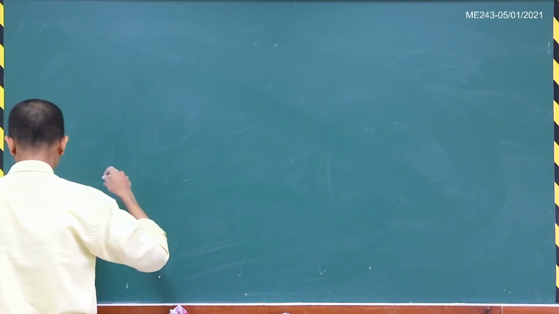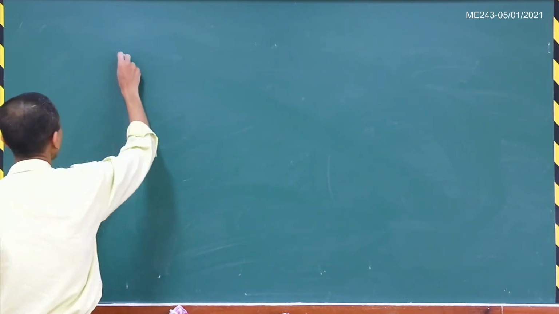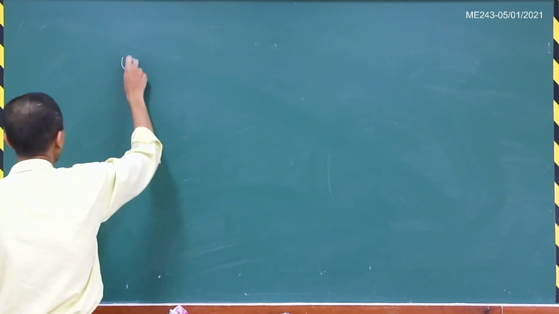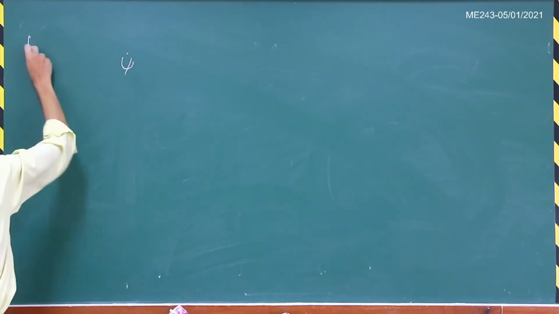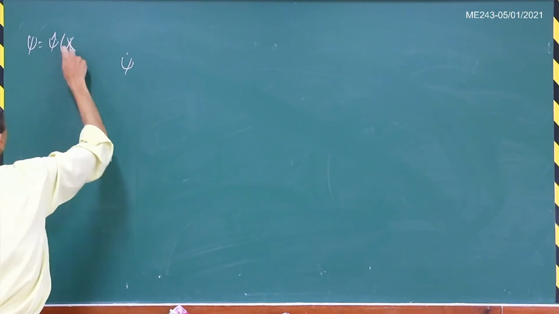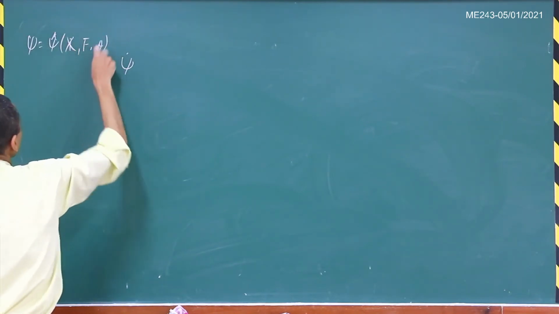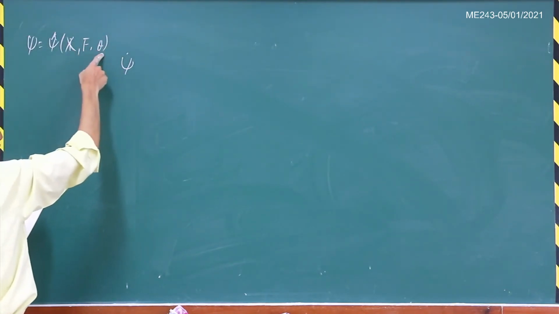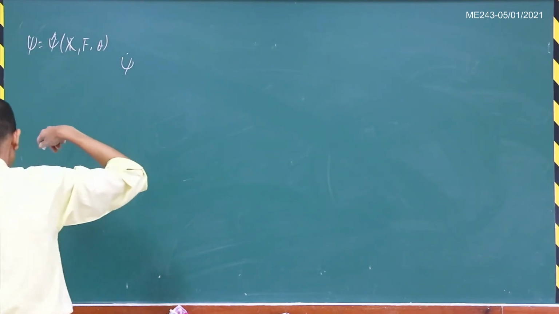So now by applying the chain rule, we will get xi dot. So now we have seen that xi is equal to some xi hat of x comma f comma theta, because it doesn't depend on the temperature gradient. So this is the relation here.